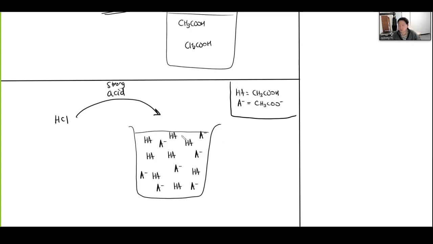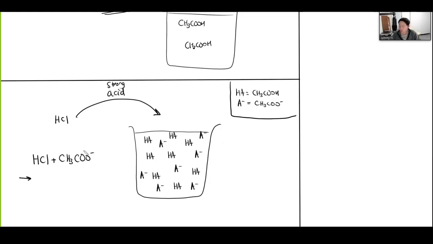What happens is the strong acid is going to combine with the base.